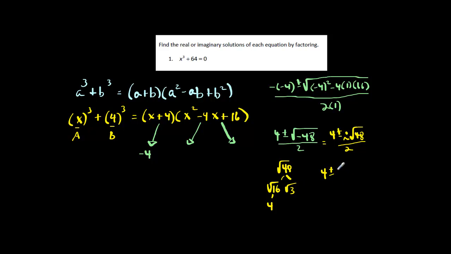So 4 plus or minus 4i root 3, don't forget the i here, all divided by 2. We can simplify 4, 2, and 4 by dividing each of those by 2. So we're going to have 2 plus 2i root 3 and 2 minus 2i root 3. So here are your three solutions.